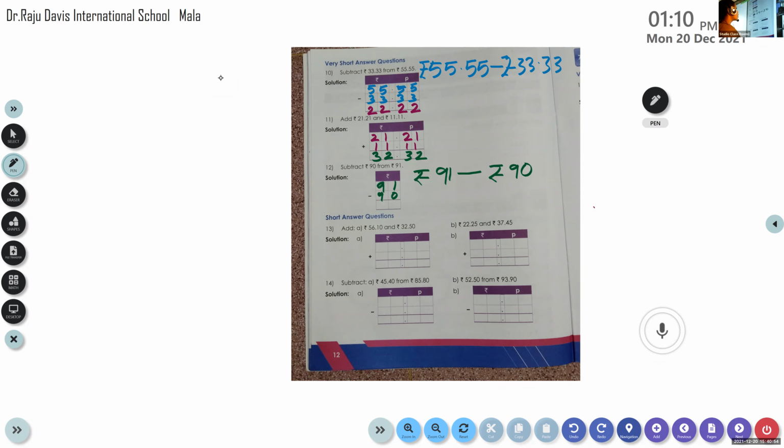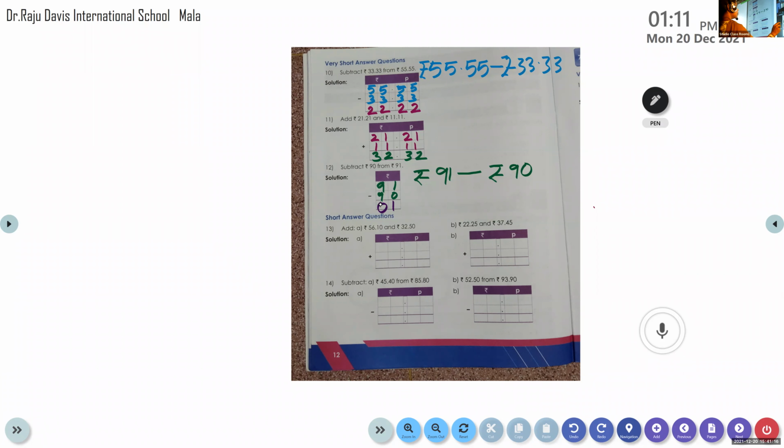You have to start the subtraction from which place, Joseph? One's place. So 1 minus 0, 1. 9 minus 9, 0. So how many rupees? 1 rupee. Okay. Complete the answer.